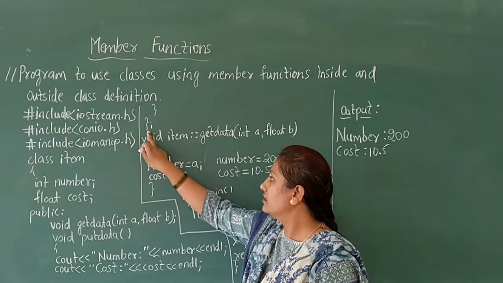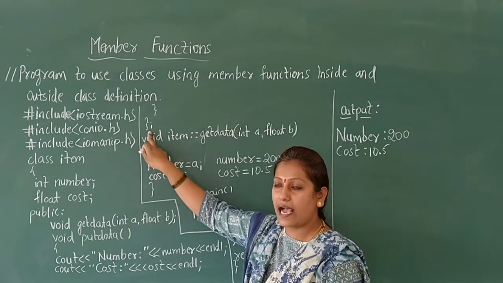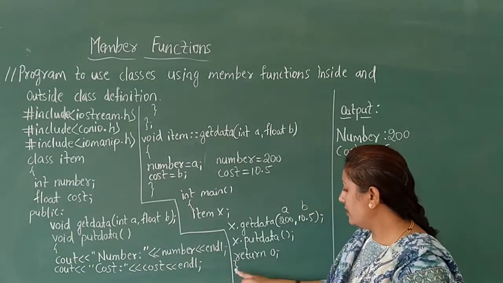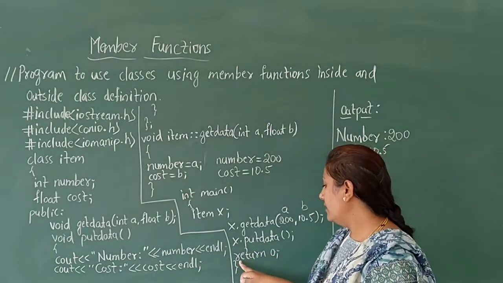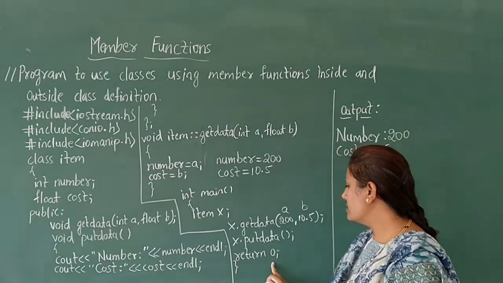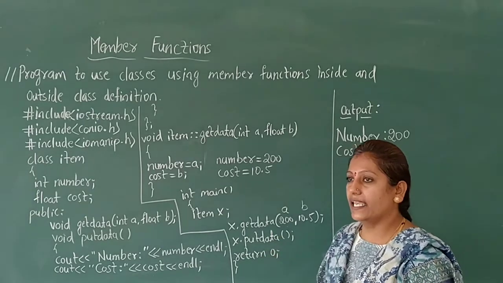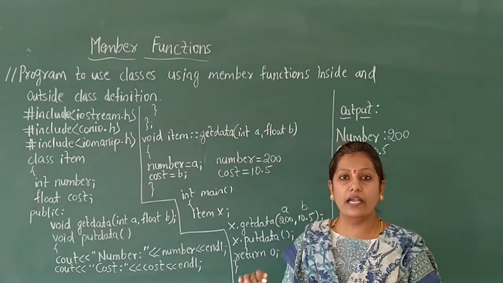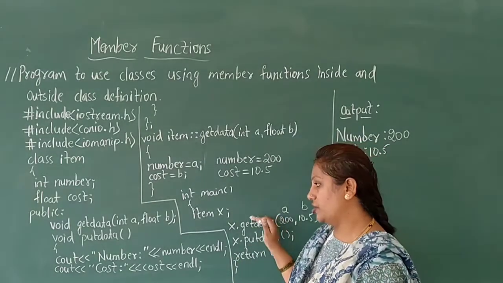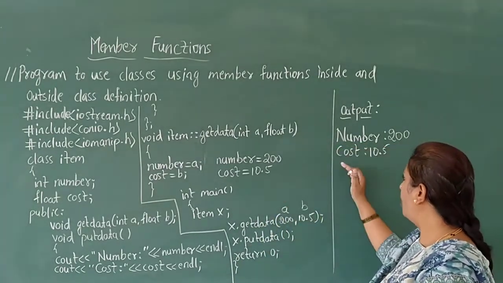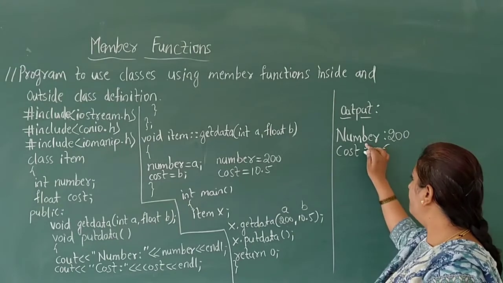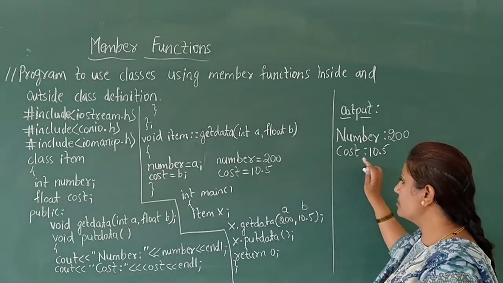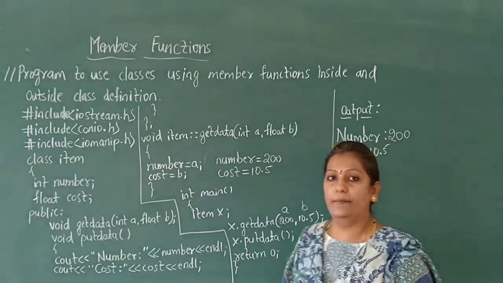Then it ends the class. Then again we come back to the main function and the next statement reads return 0. Then it sends the output characters to the screen. Then it returns the value from the main function. The final output we get is number 200, cost 10.5.